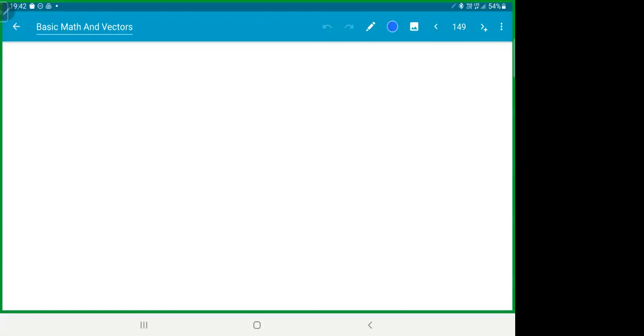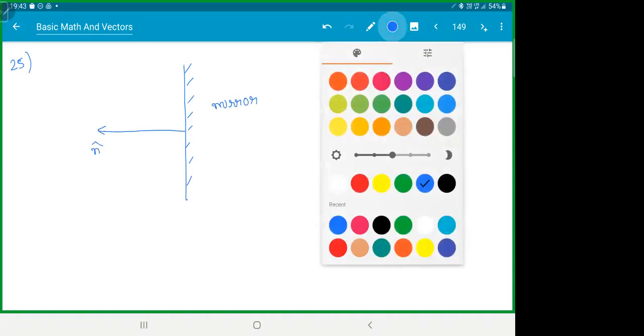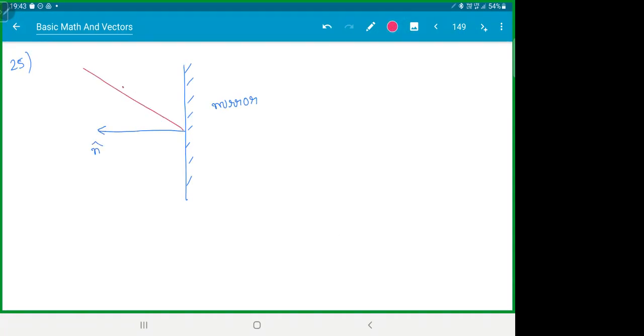Let me show you one application of this. Let's say we have a mirror. This is n cap. This is I bar. This is R bar. So I bar is the incident ray vector.